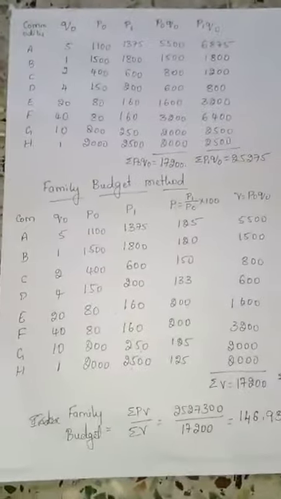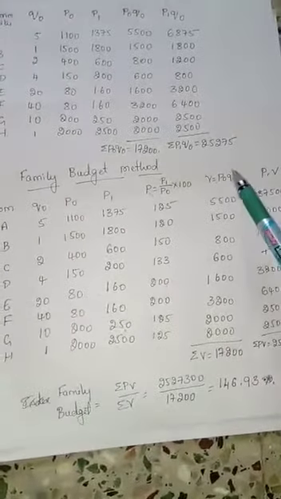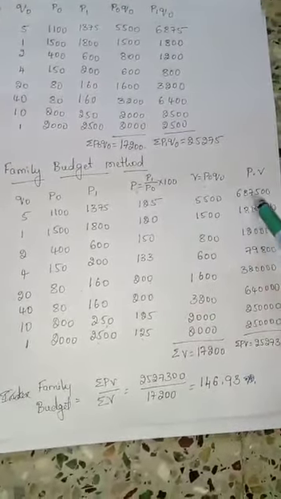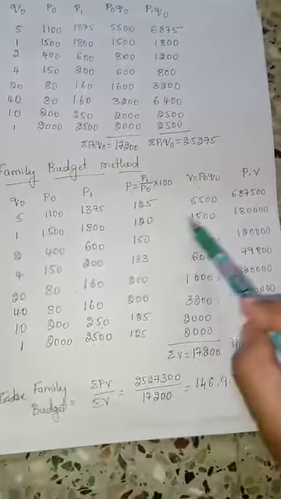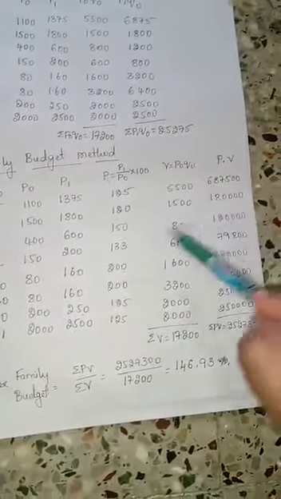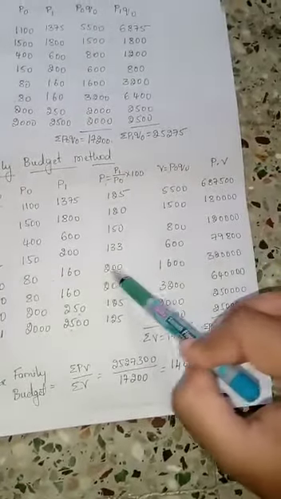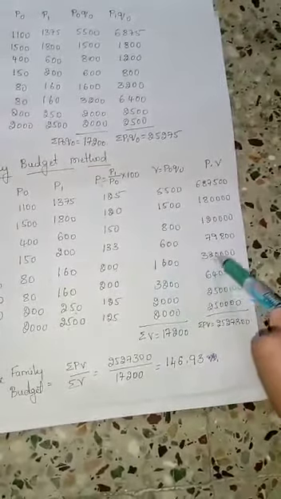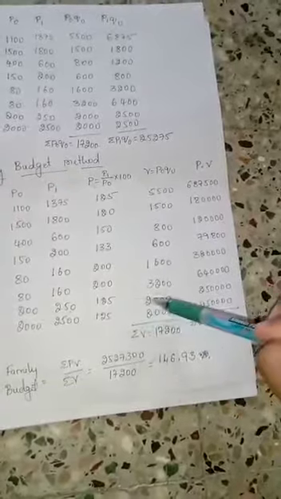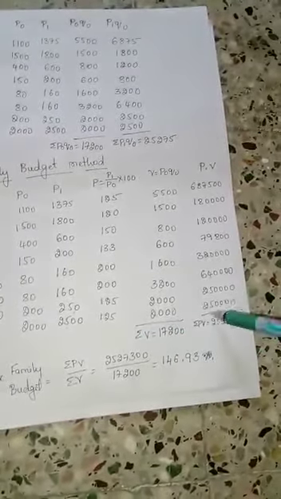The V value, that is P0 Q0, is already calculated in the previous problem. Then we have to calculate PV. 125 into 5500, 6,87,500. 120 into 1500, 1,80,000. 150 into 800, 1,20,000. 133 into 600, 79,800. 200 into 1600, 3,20,000. 200 into 3200, 6,40,000. 125 into 2000, 2,50,000. 125 into 2000, 2,50,000.